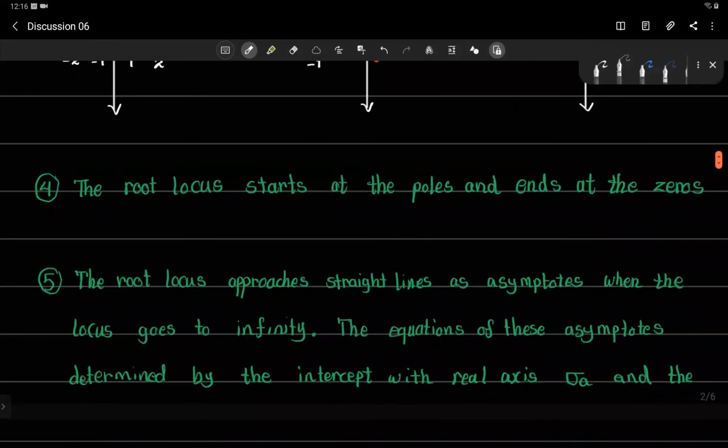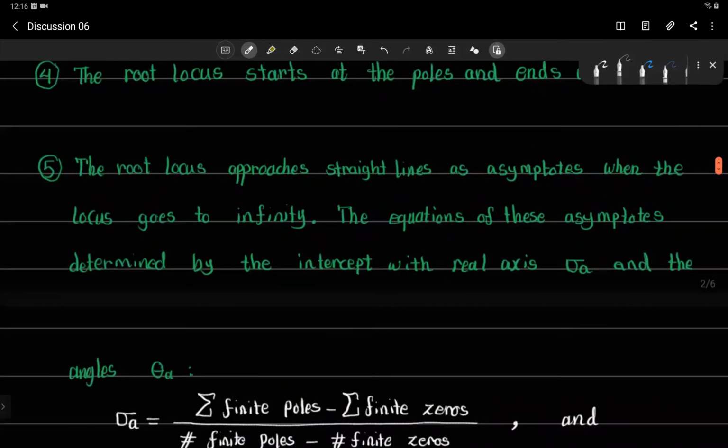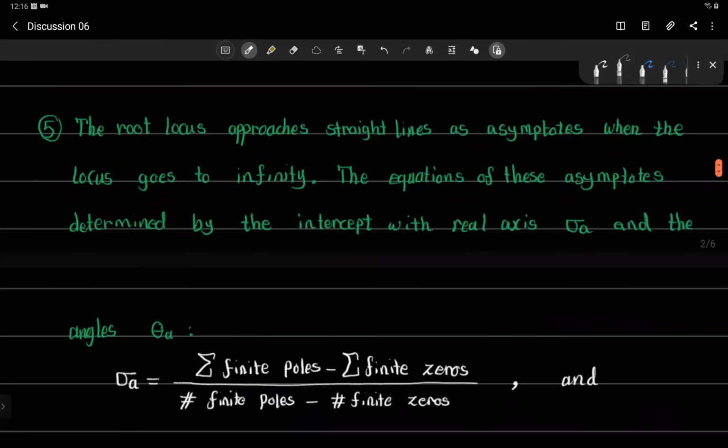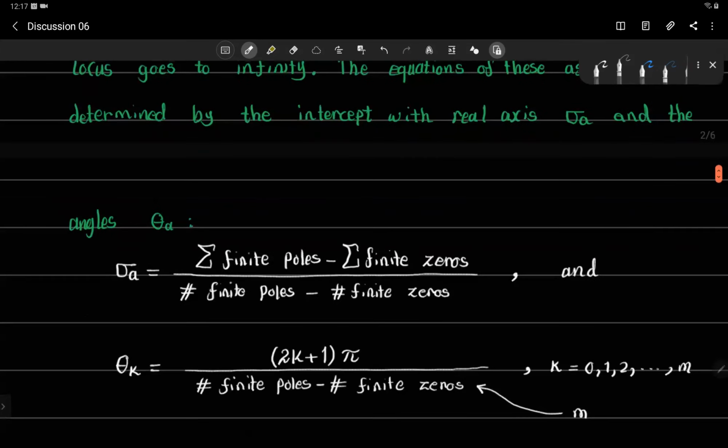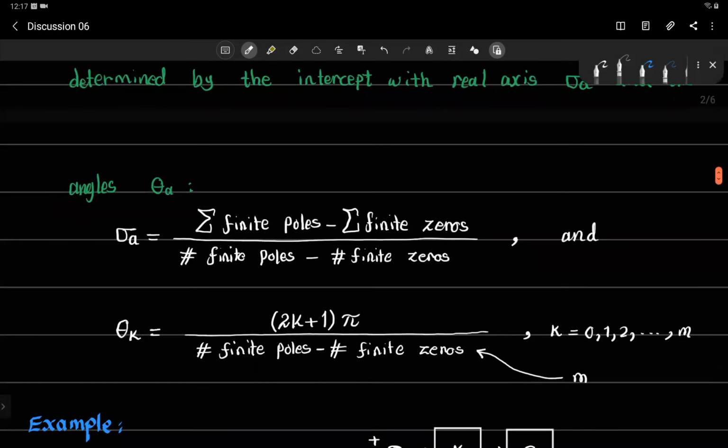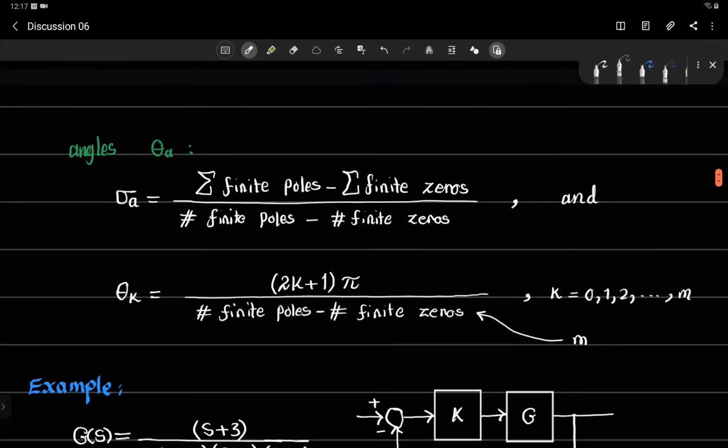Finally, the fifth rule says that the root locus approaches straight lines as asymptotes when the root locus goes to infinity. The equations of these asymptotes are determined by the intercept with the real axis, sigma a, and the angles of the lines with the horizontal, determined by theta a.